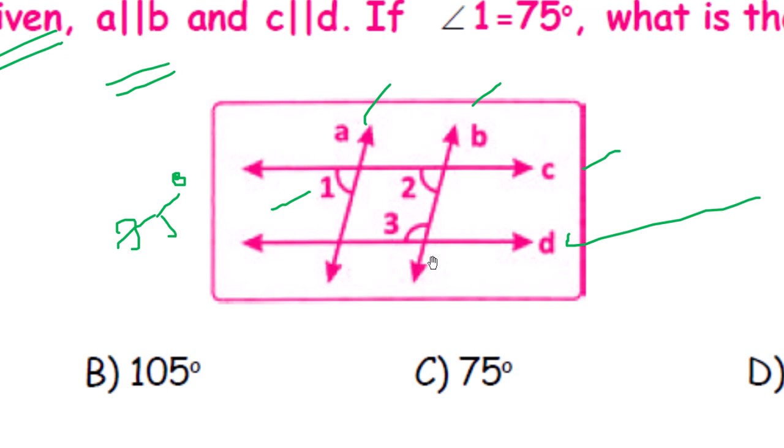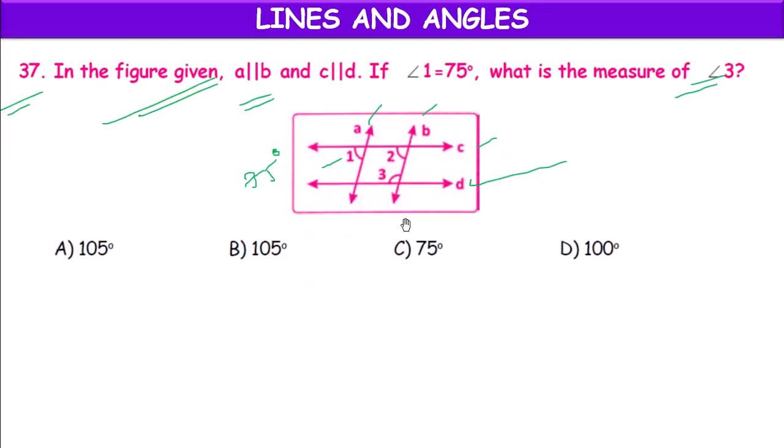If AB are parallel, if C is the transversal, these 1 and 2 are corresponding angles. If 1 is 75, 2 also will be equal to 75. And if CD are parallel, if B is the transversal, these 2 and 3 are co-interior angles, whose sum is 180. If 2 is 75, 3 will be 105.